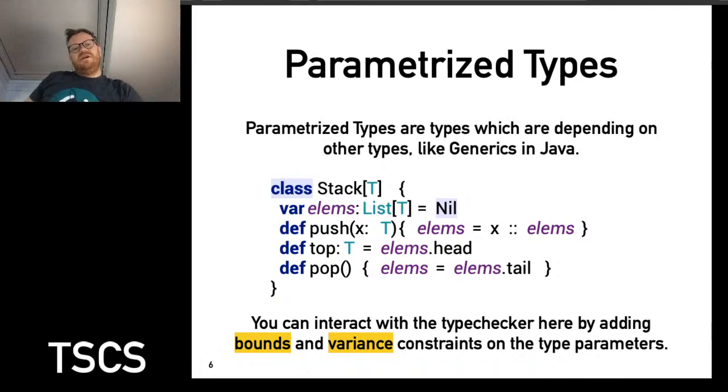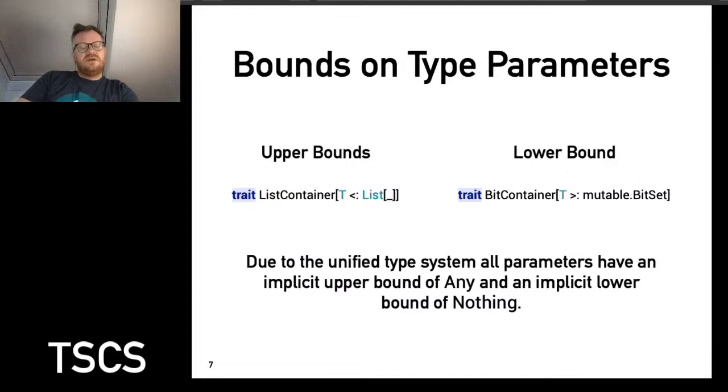The interesting thing with parameterized types is you can add bounds and variance constraints to the type parameters. Bounds on type parameters give you upper bounds and lower bounds. You can have both, by the way.